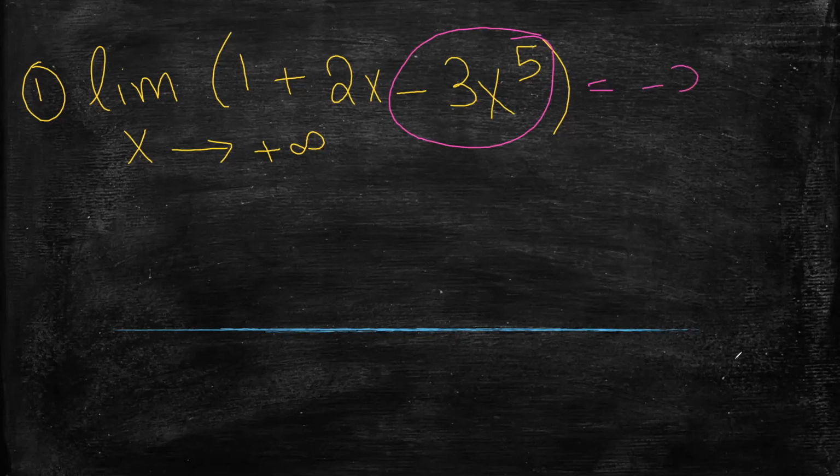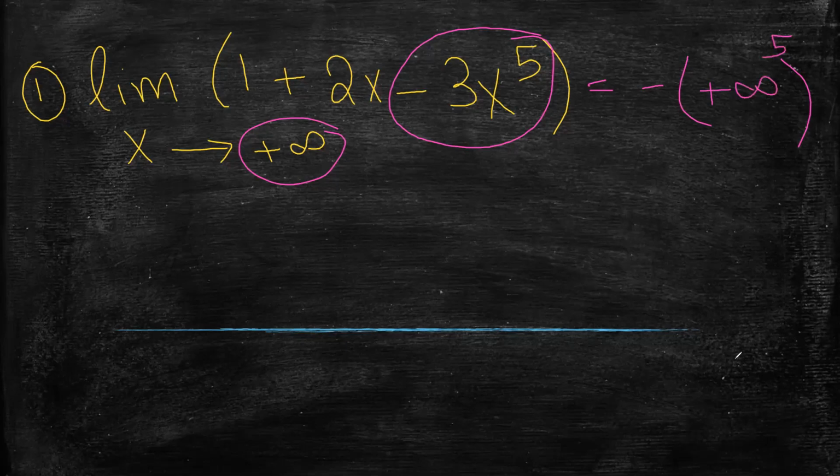I just deal with signs. So negative. Then here I have a positive infinity. A positive number raised to the power 5 is positive. Positive times negative is negative. So the answer now is negative infinity.